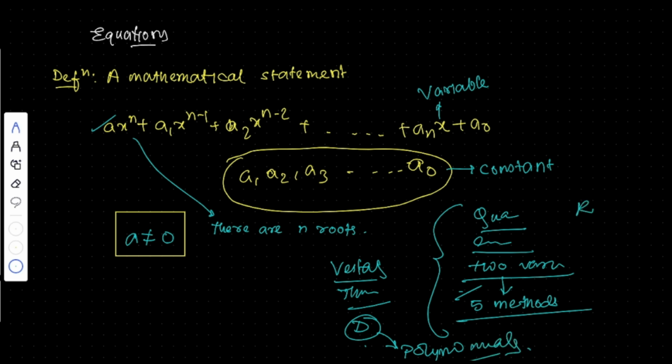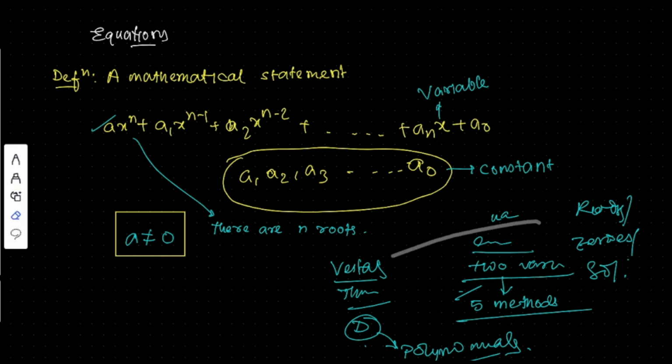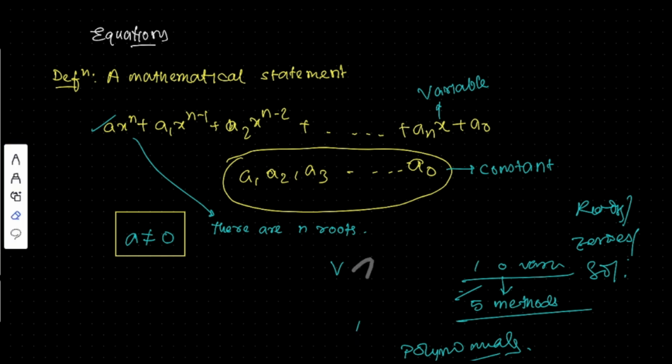We'll find about roots, which are named zeros, or solutions, anything. We won't do linear as we have already done it in the lower classes. Let's erase them all and just move on.